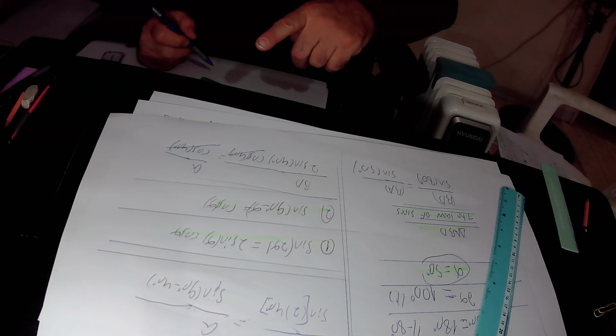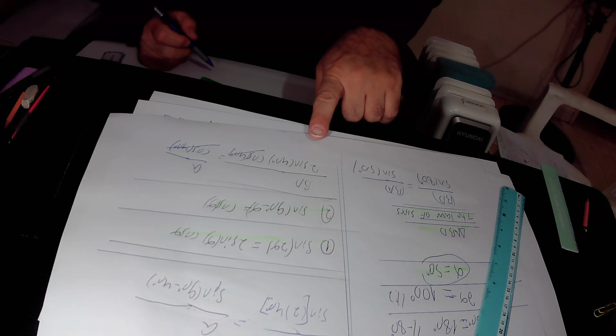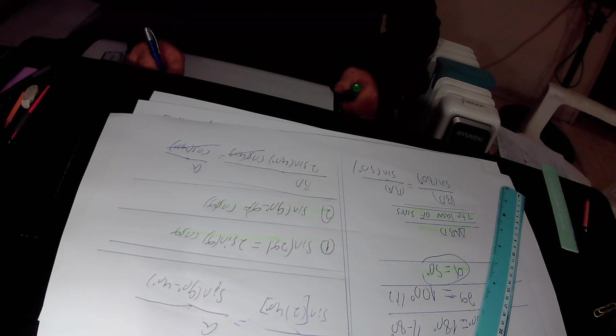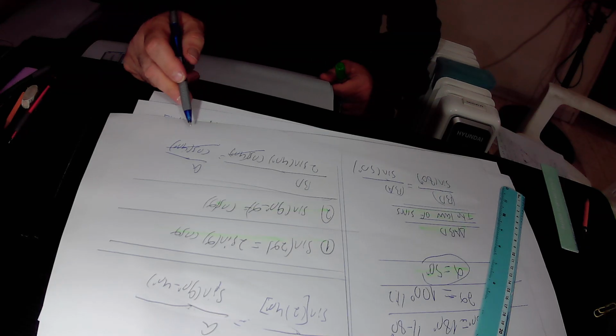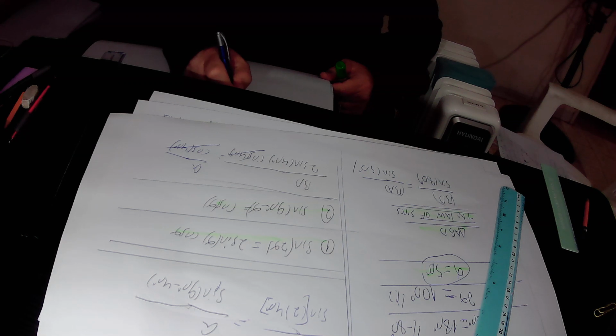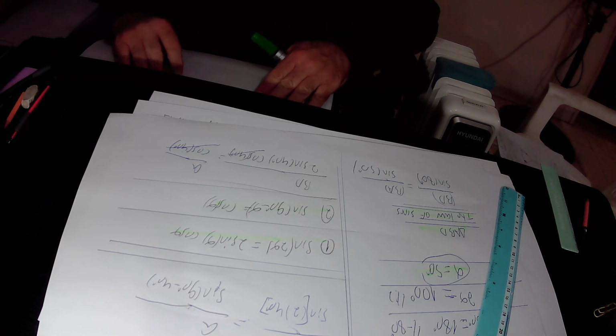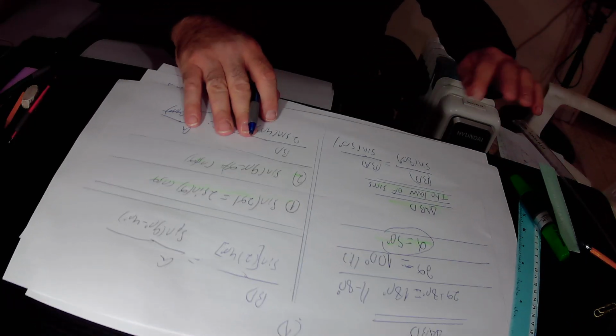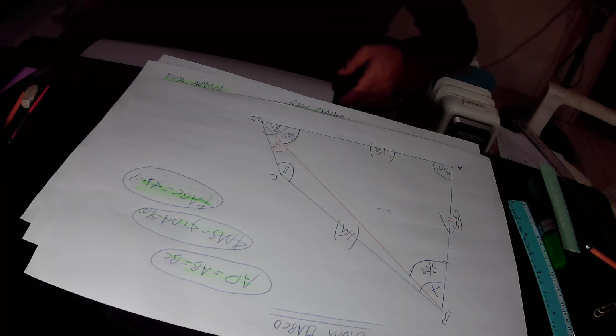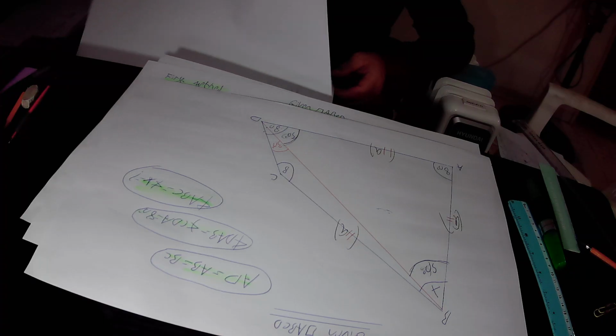After I cancel cosine 40 degrees, on this side of the equation we are left only with BD over 2 times sine 40 degrees, and on the other side we are left only with A. So in total, we found out that BD over 2 times sine 40 degrees equals A.